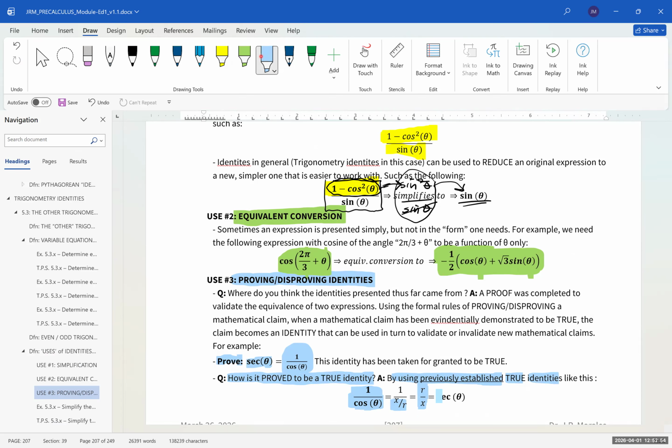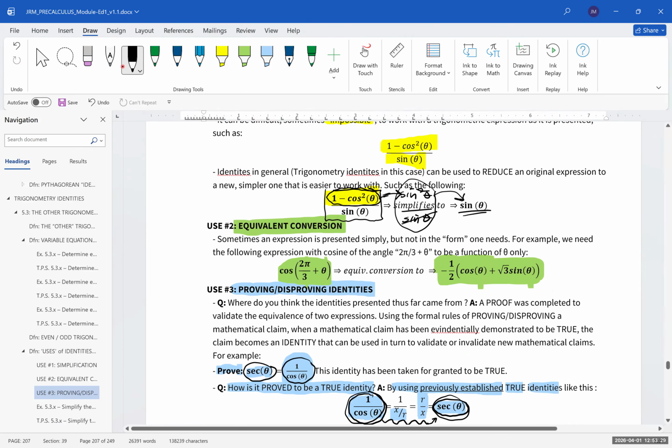And r over x is the definition of secant theta. So we started with one side of this equality. We went through some mathematical equivalences using previously established mathematical properties, and we ended up on the other side of the equal sign. And so this proves that 1 over cosine theta is equal to secant theta.